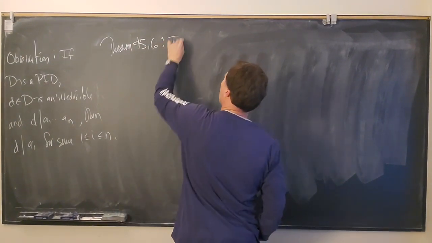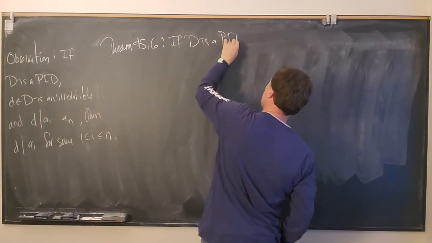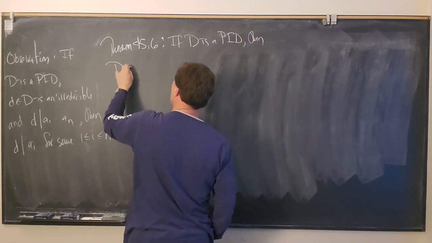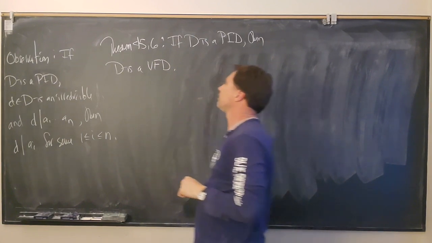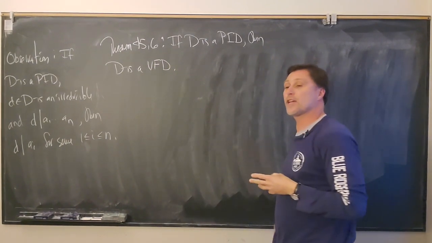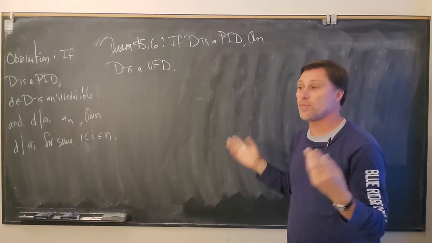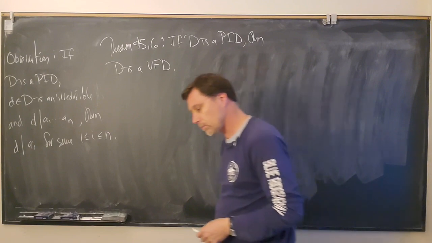If D is a PID, then D is a UFD. In our last lecture, we got part of this proved. We have the factorization part, we just don't have the uniqueness yet. So we're going to do the uniqueness now.